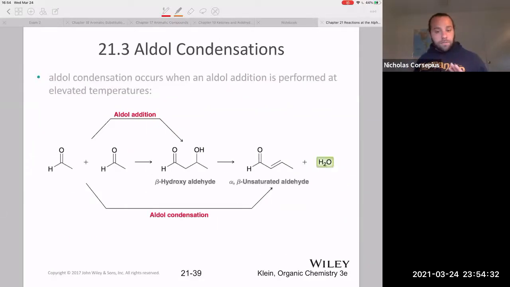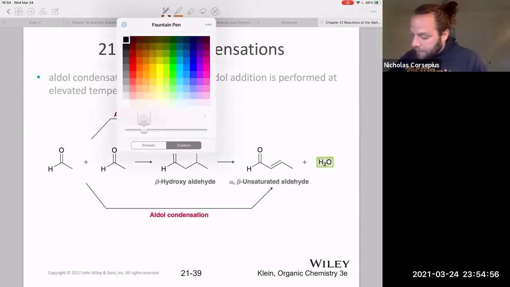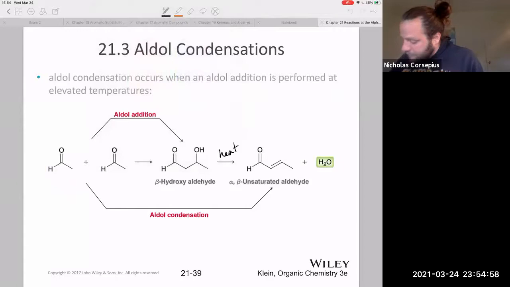I left this reaction mechanism up to you guys because I want you to do this as part of your discussion. One of the things that we're trying to really hammer home in this unit is your proficiency with reaction mechanisms, making sure that you're making moves that are legit and legal. So anyways, when we have two aldehydes or ketones, the first thing that can happen is an aldol addition. If we then take that and apply heat, we will get a condensation.